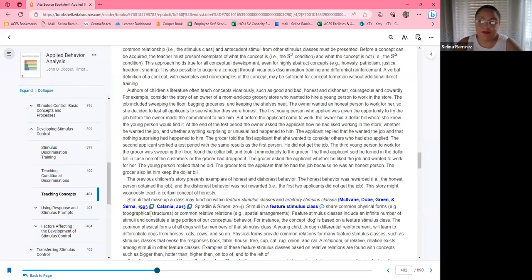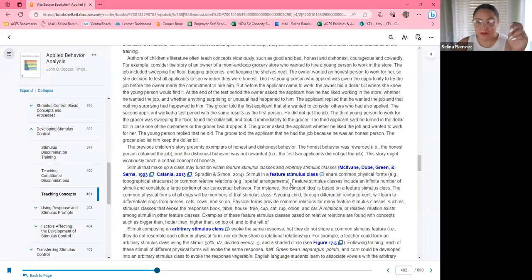So they look similar. So that one's easy to remember, right? Feature is how something looks. So they share common physical forms. So those are going to be your feature stimulus class. And you guys are going to need to know the difference between those.